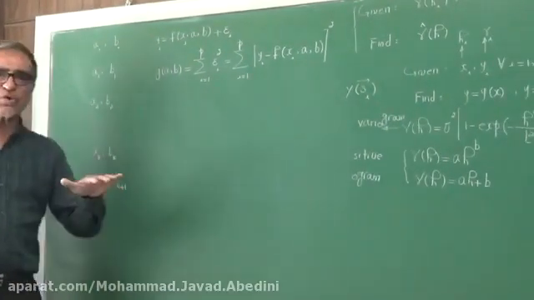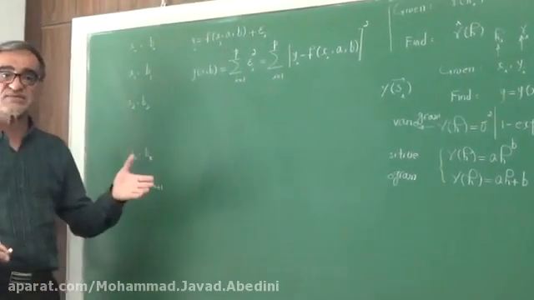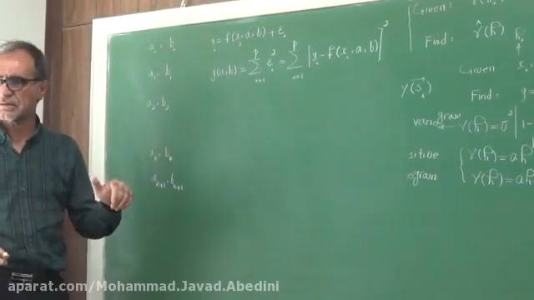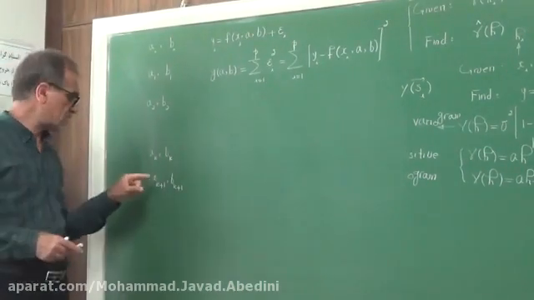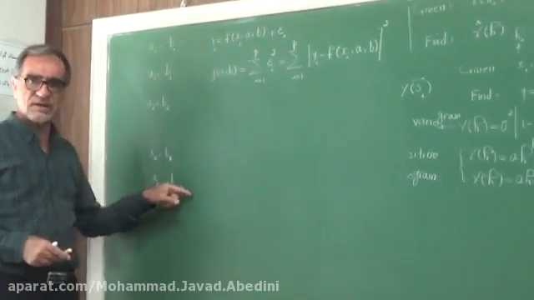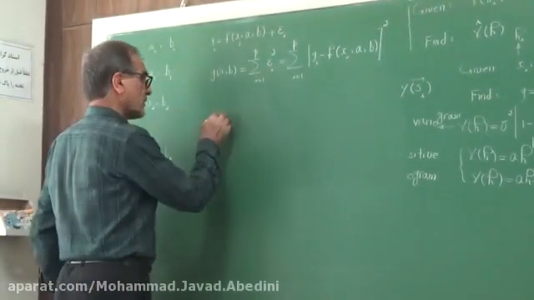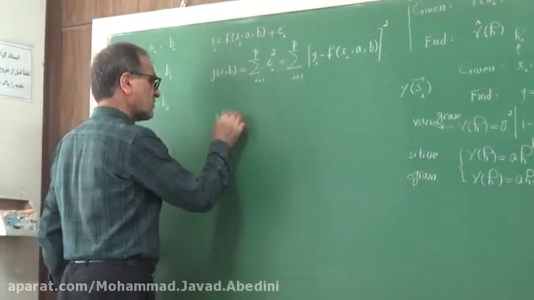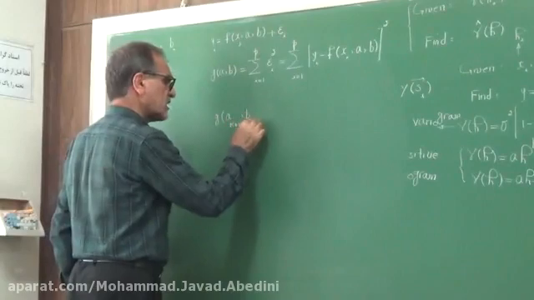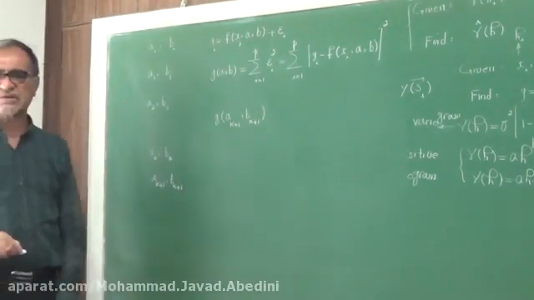Now, if I was told that A_{k+1}, B_{k+1} will satisfy my stopping criteria, what does that mean? It means that G as a function of A_{k+1} and B_{k+1} will satisfy my criteria.